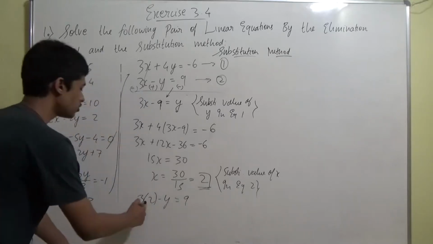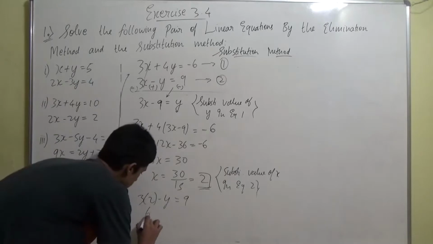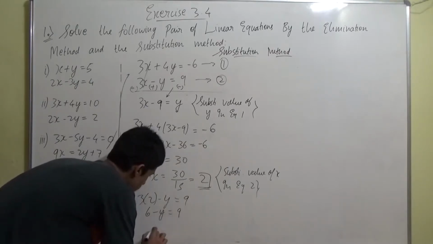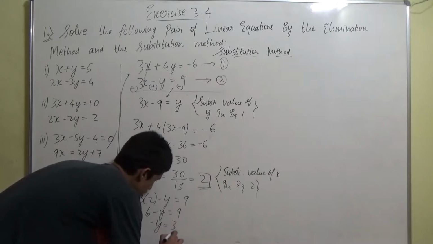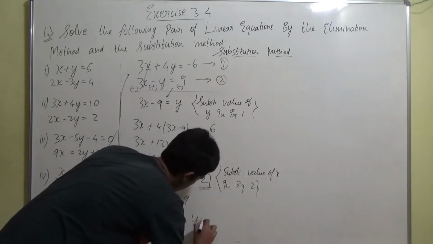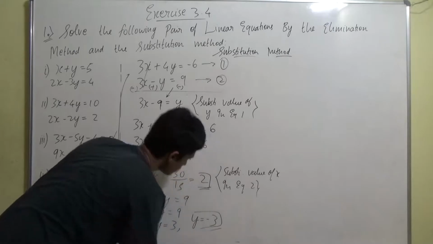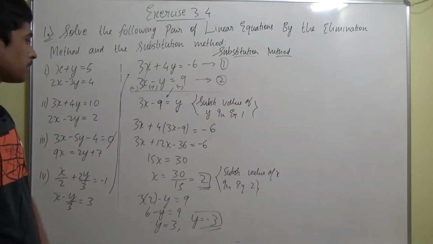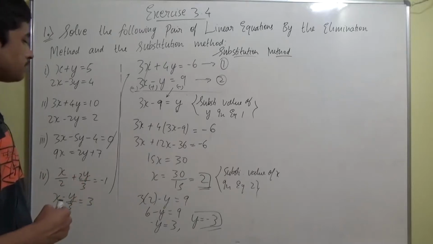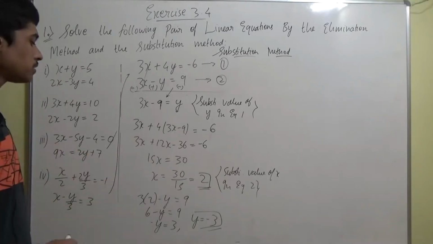So this becomes 6 minus y equal to 9. So minus y becomes equal to 3, which means y becomes equal to minus 3, right? We got y as minus 3 and the value of x we got as 2. So that's the final solution, guys.